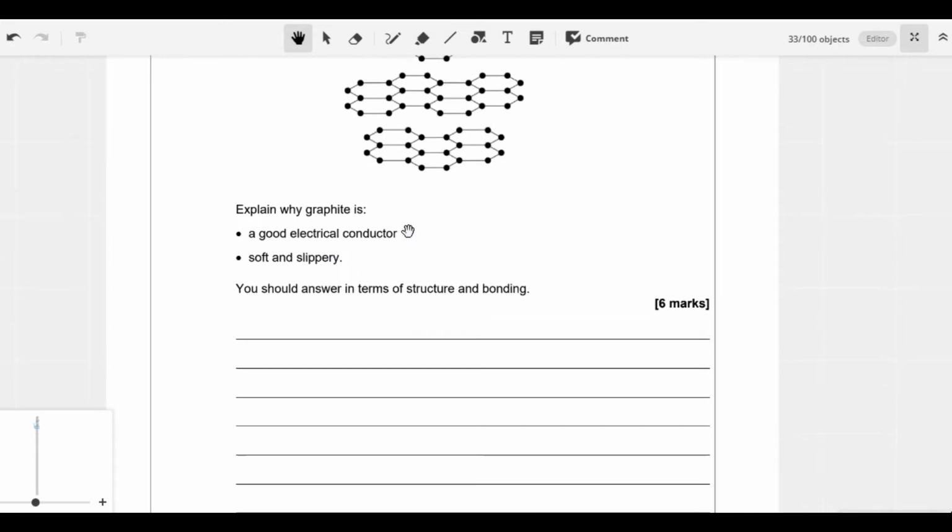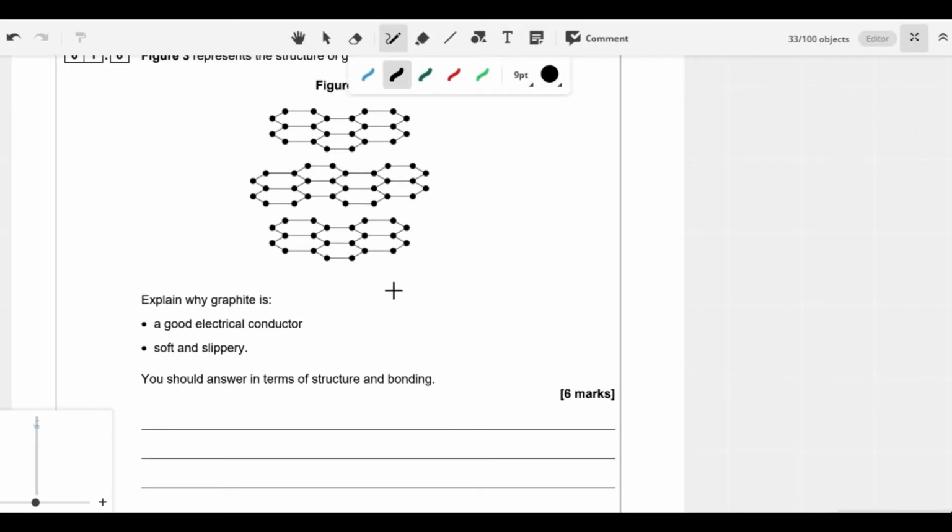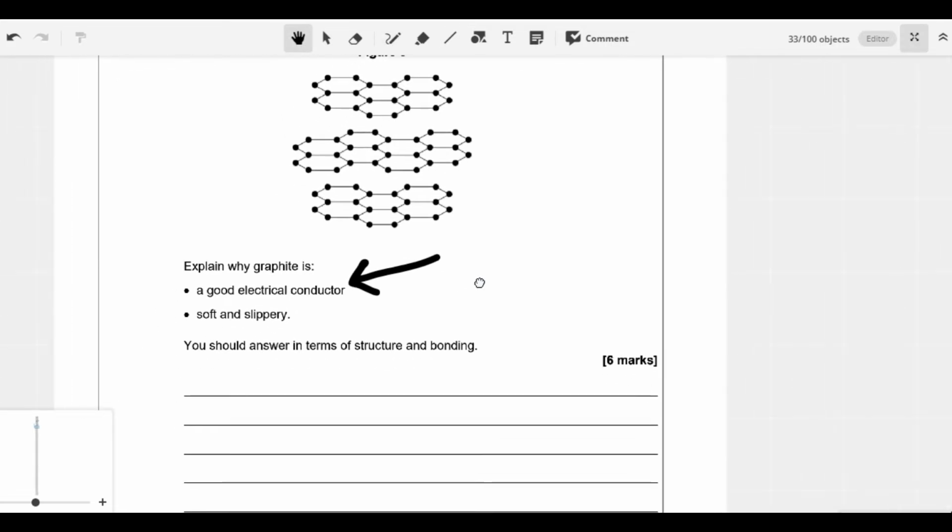The next question: Fig 3 represents the structure of graphite, which has a layer structure. Explain why graphite is a good electrical conductor, and soft and slippery. The first point is very important. Although graphite contains covalent bonding and has a giant macromolecular structure, why is graphite a good electrical conductor?